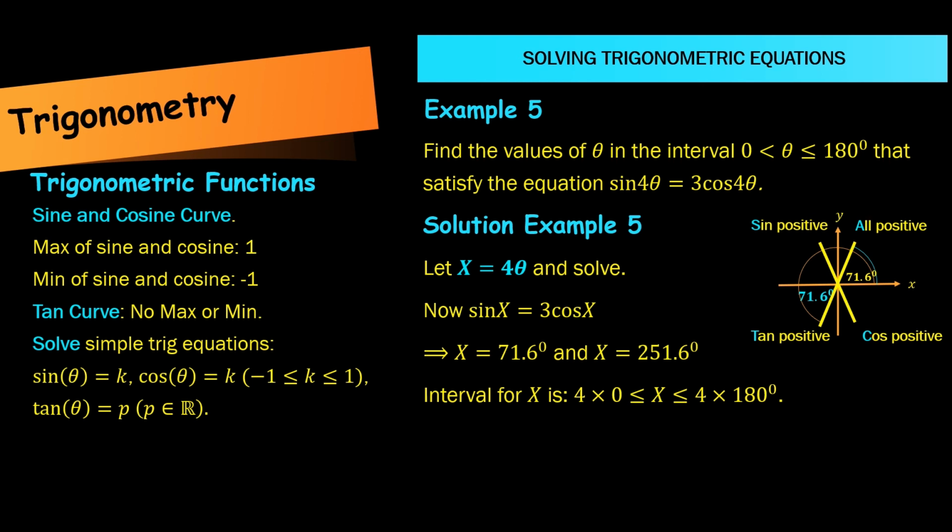The interval for X is 4 times 0, because theta starts from 0, and X is 4 times theta. So 4 times 0 is less than or equal to X, is less than or equal to 4 times 180 degrees, because 180 degrees is the maximum value for theta.